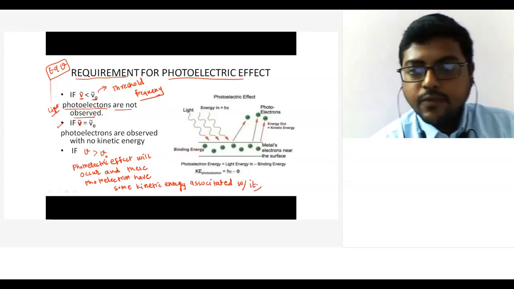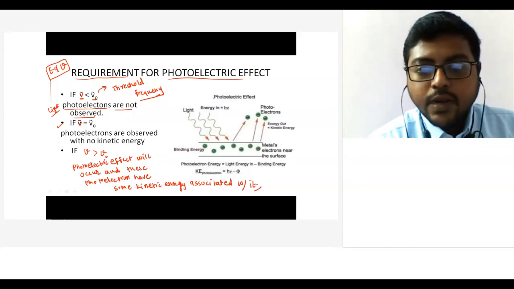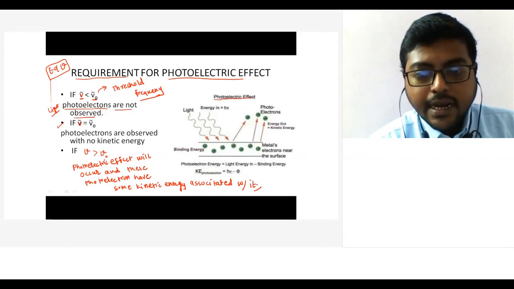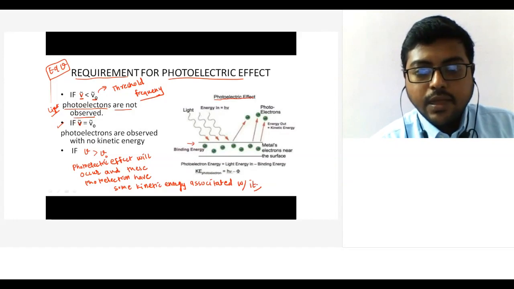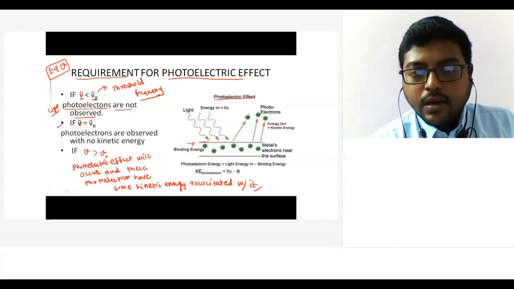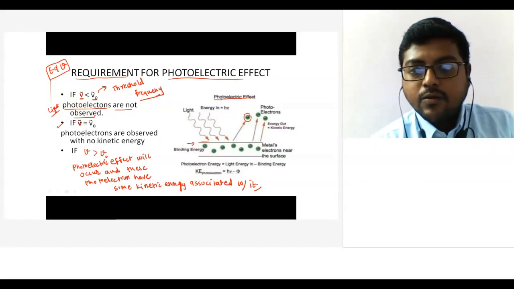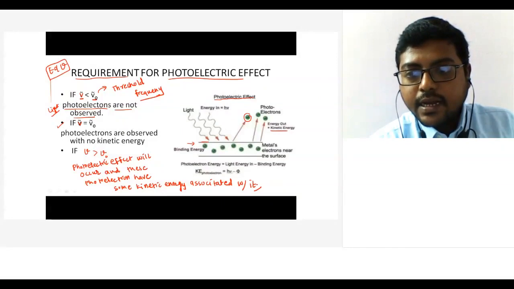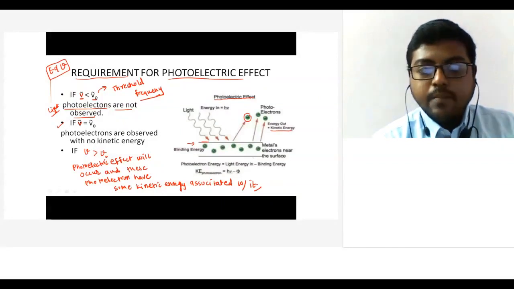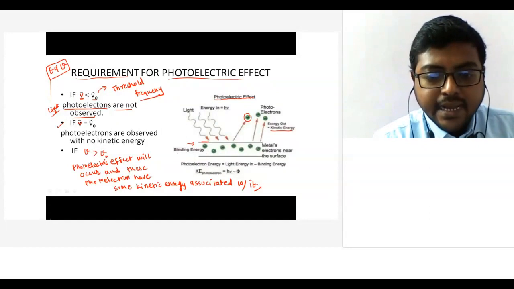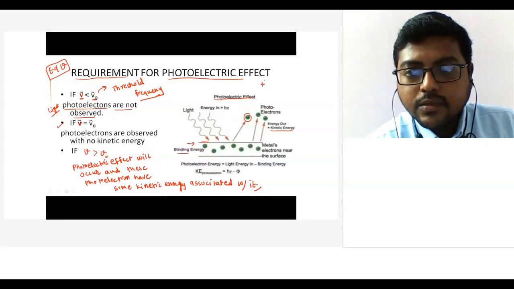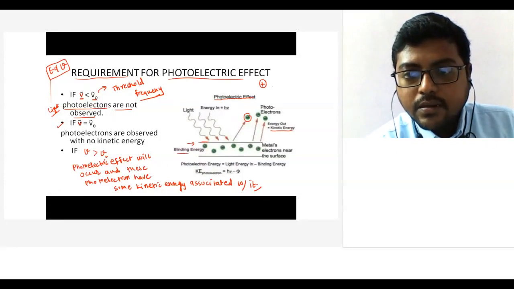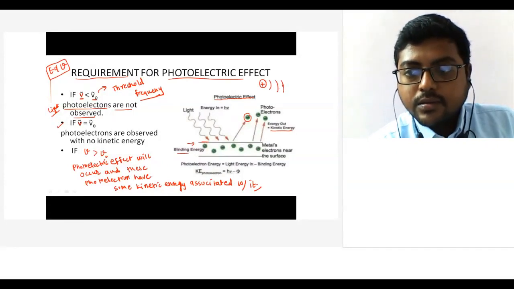So in the figure we can see clearly the photoelectric effect. Light is incident on the metal surface. This one is our metal surface, and when the light is incident on it, the electrons come out with some amount of kinetic energy. Metals have some binding energy, and that can be understood like this: this one is our nucleus, and here is an electron.